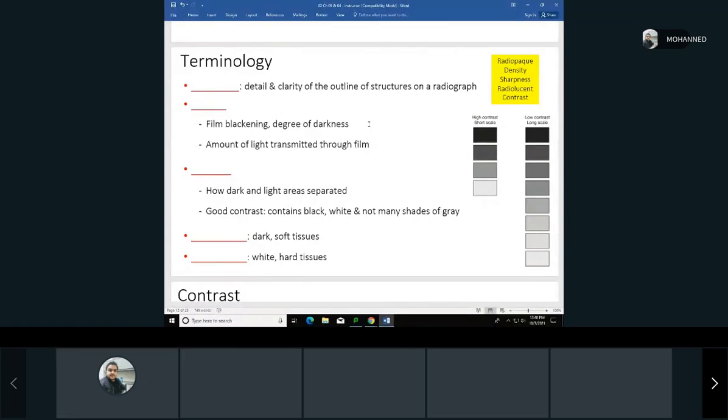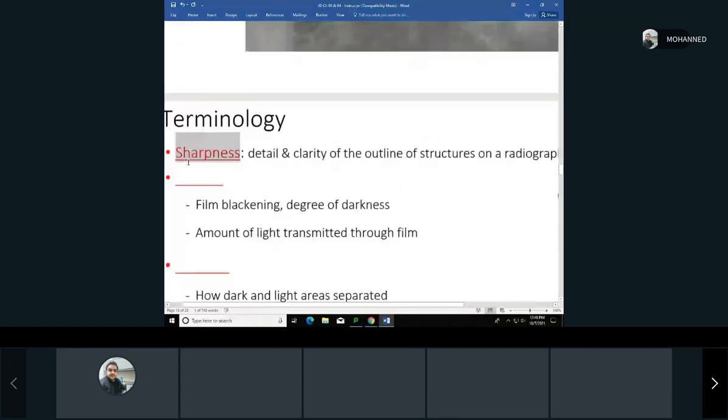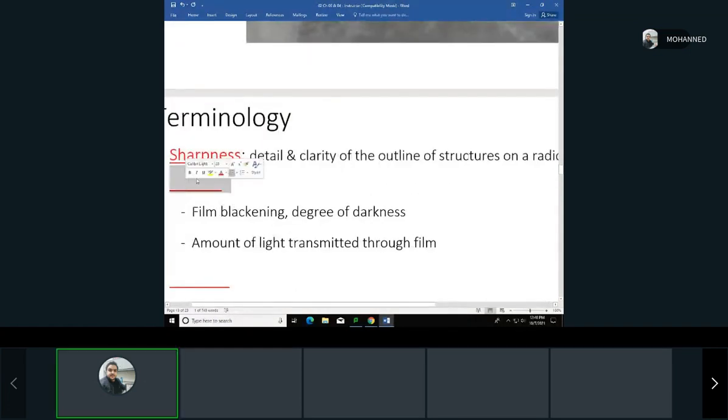Okay. Let's see. So blank is the detail and clarity of the outlines of the structures on a radiograph. Sharpness, exactly. And then blank is the film blackening, degree of darkness, amount of light transmitted through the film. Density, exactly.